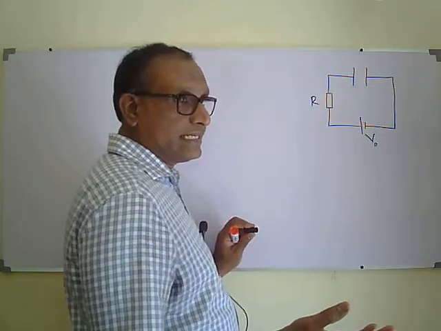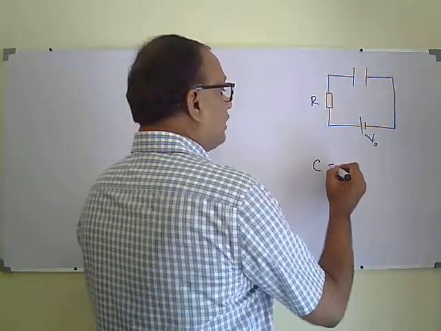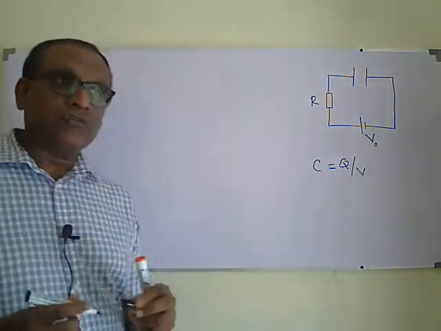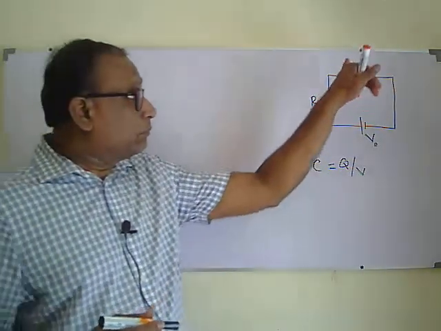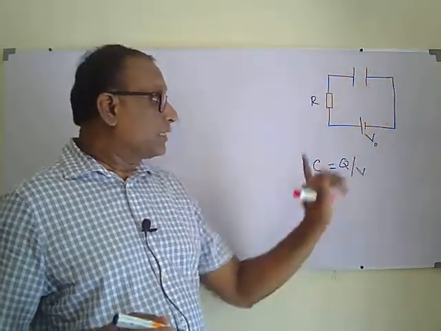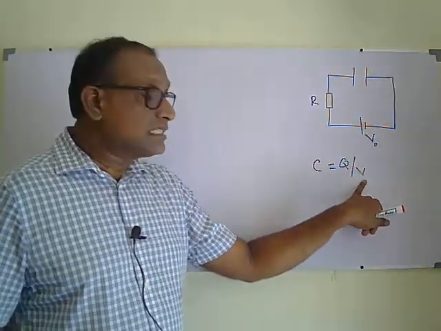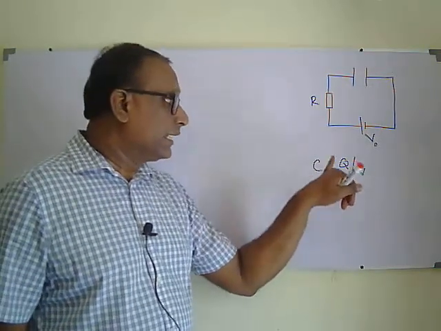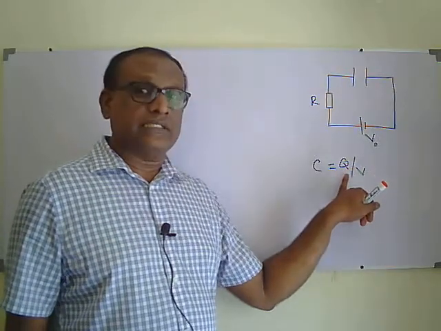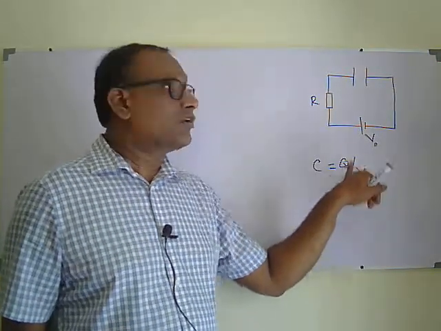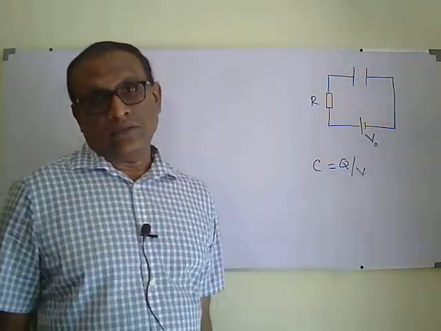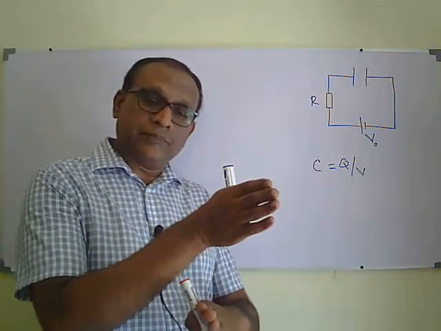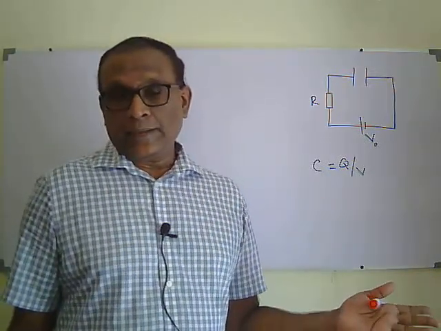Capacitance is defined as C equals Q over V, where Q is the amount of charge displaced from one plate of the capacitor to the other plate, and V is the voltage across the capacitor. That is called the charge of the capacitor.